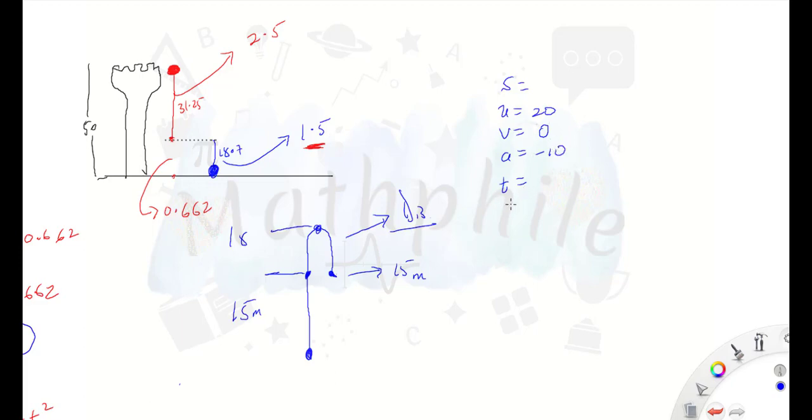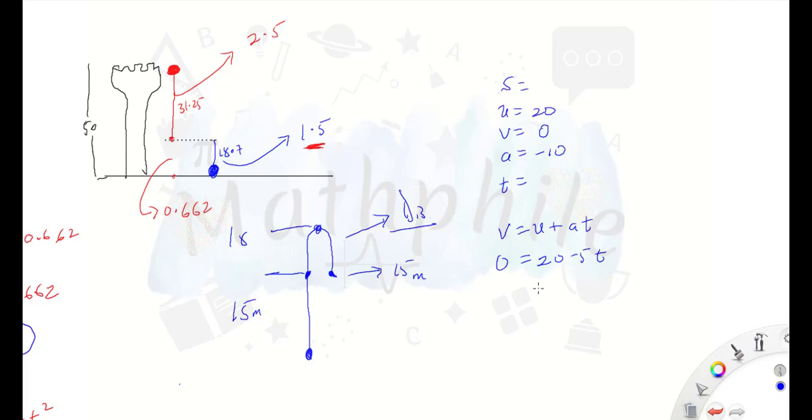With this, I can find the time at which the particle reaches its maximum height. Are you okay, Derek? Yes. So let's use v equals u plus at. So 0 equals 20 plus negative 5t. So find this one for me.